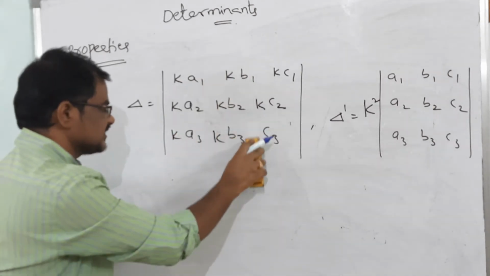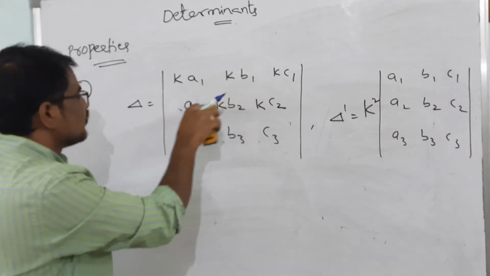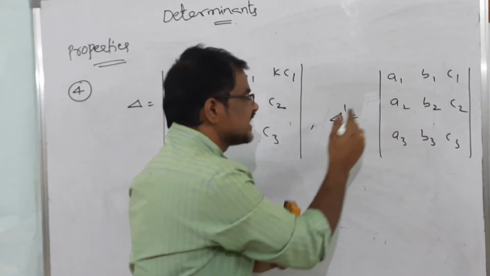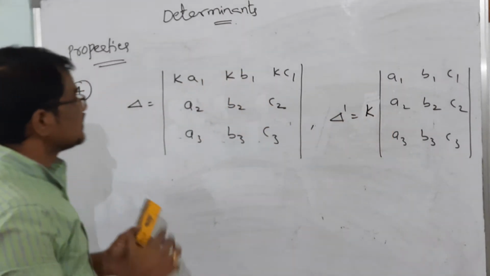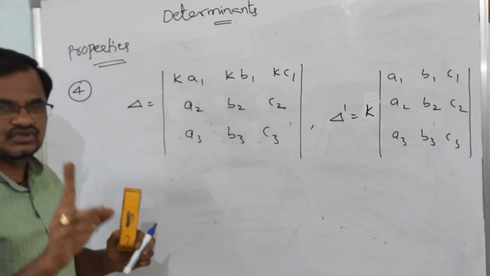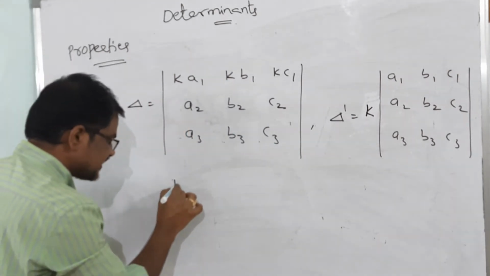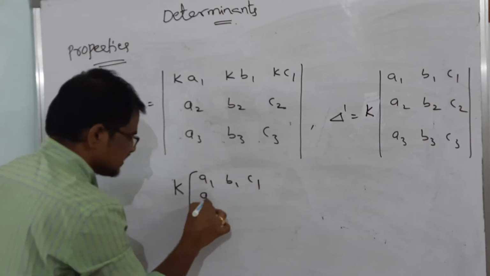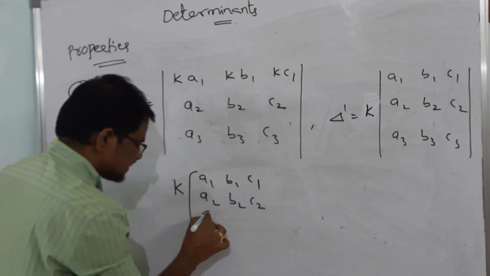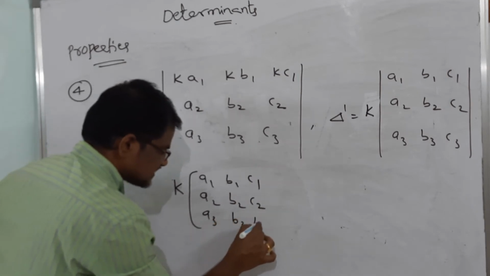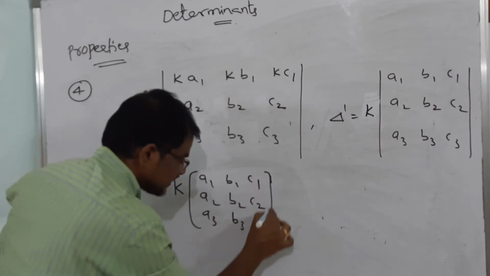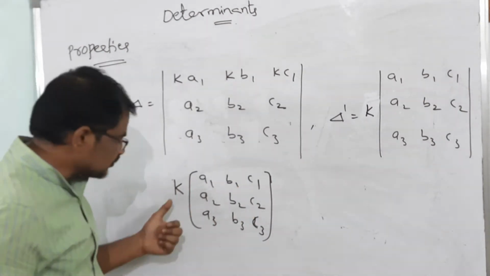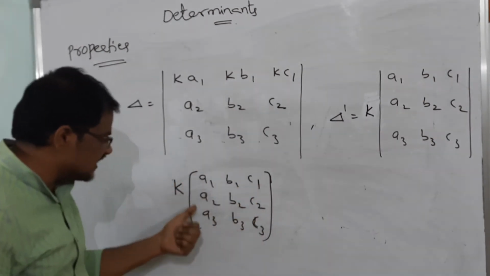Here you should know the difference between a scalar multiple of a matrix and of a determinant. Listen: k into the matrix with A1, B1, C1, A2, B2, C2, A3, B3 and C3. In a matrix, we multiply each and every element with k.